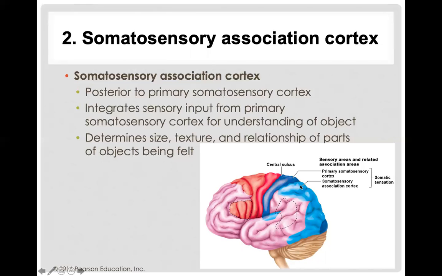This information is collected by an area posterior to your primary somatosensory cortex, and that area is called somatosensory association cortex.